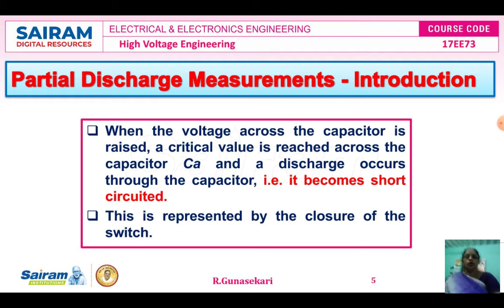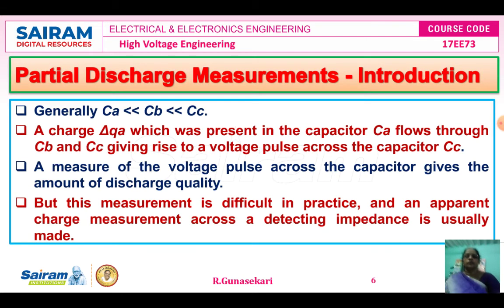Already we studied how the circuit becomes short circuited. Generally, Ca is much less than Cb, which is much less than Cc. The charge delta Qa, which is present in the capacitor Ca, flows through the capacitances Cb and Cc, giving rise to a voltage pulse across the capacitor Cc.